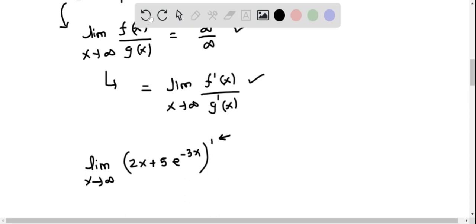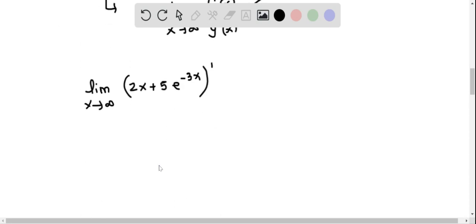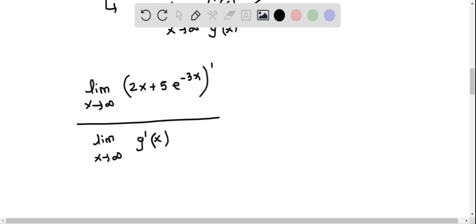We are going to find the derivative in the next step, and this has to be divided by the limit as x approaches infinity of g prime of x. So this equals, we'll find the derivative of this expression, the limit as x approaches infinity.